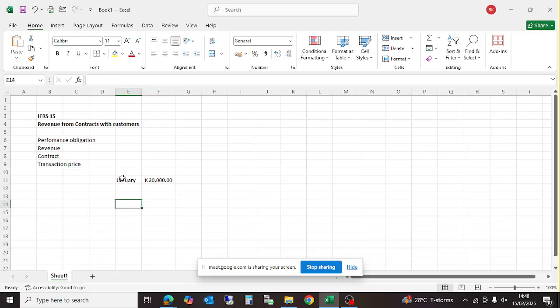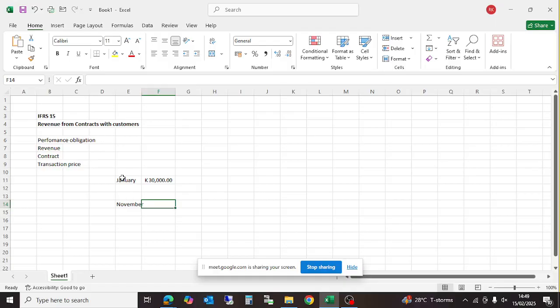But we only give them the goods in November because maybe we didn't have stock, or for some inefficiency reason, we practically just delayed. So the customer has paid us 30,000 kwacha in January for 200 bags of cement, and we've given the cement to the customer in November. What does this mean? We have fulfilled our performance obligation in November.